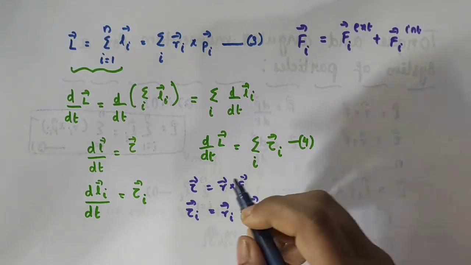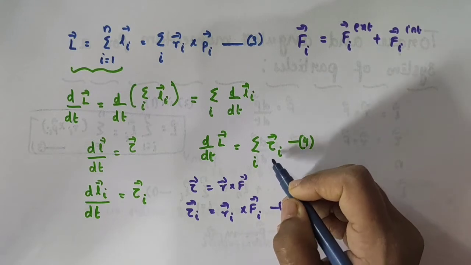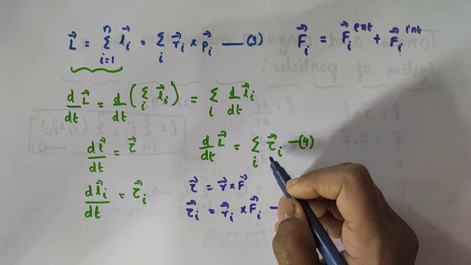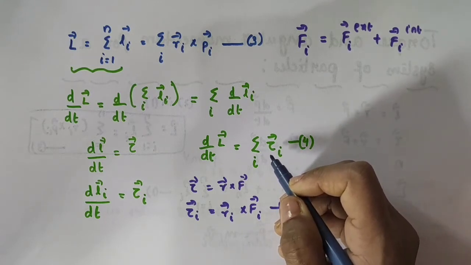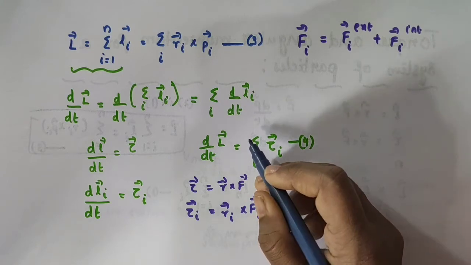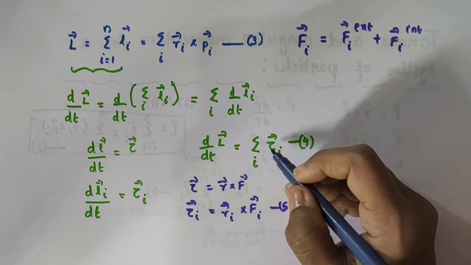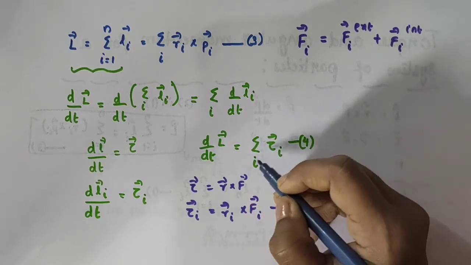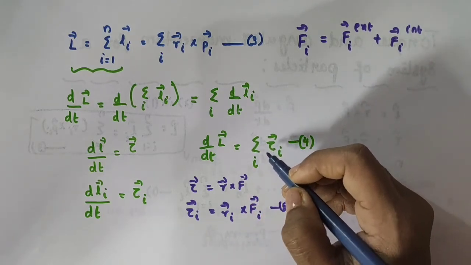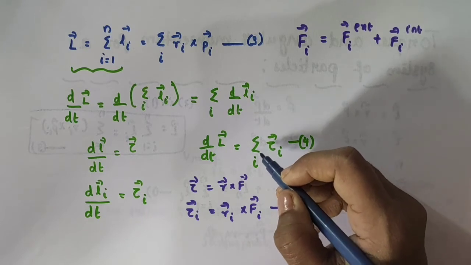Summation over i of vector tau i is the total torque acting on the system. Vector tau i is the torque acting on the ith particle, but the summation over i of vector tau i is the total torque on the system.